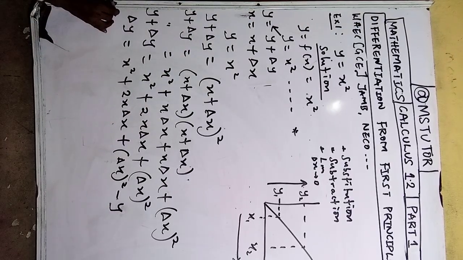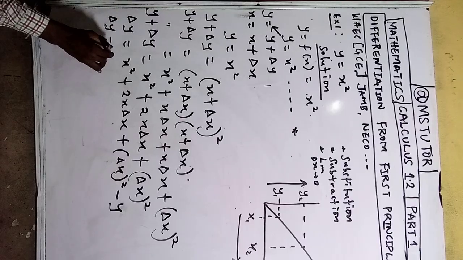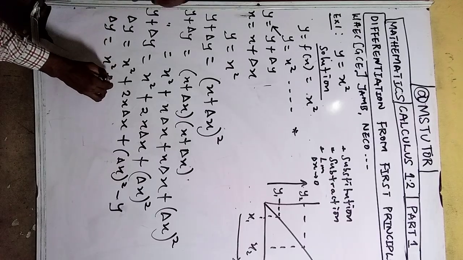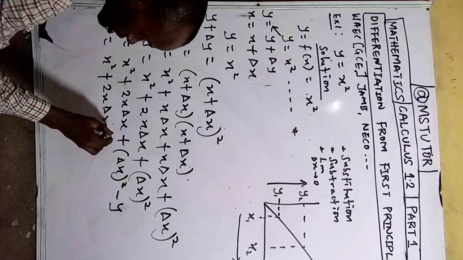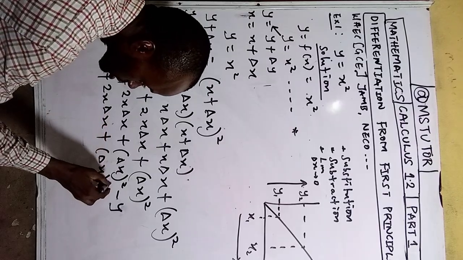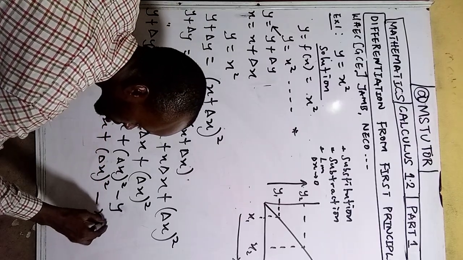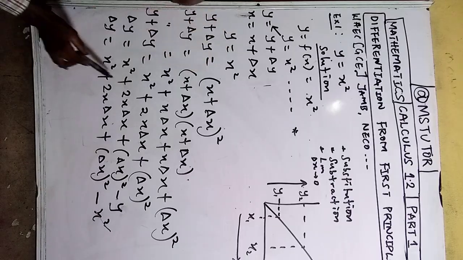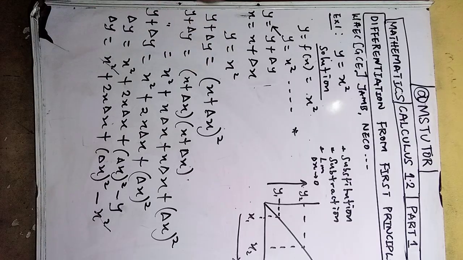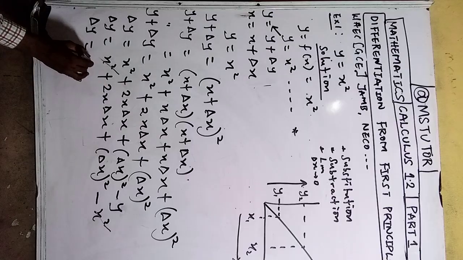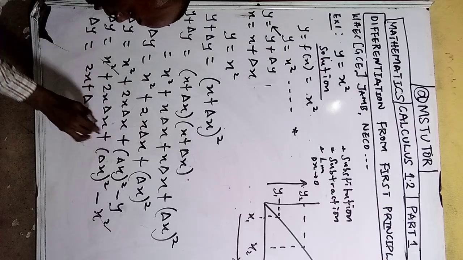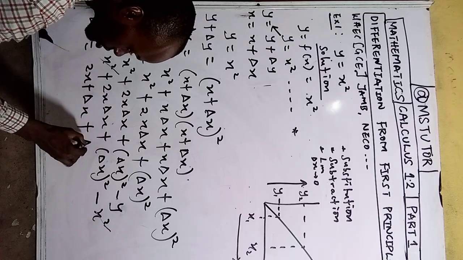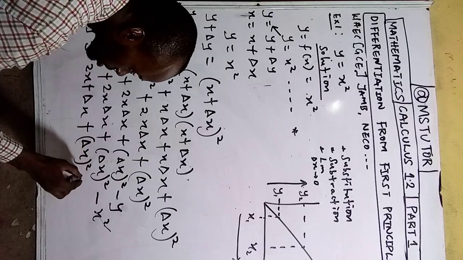That will be dy equals x squared plus 2x dx plus dx squared minus x squared. So in this case, this is minus x squared here. Take care of this x squared. So what do I have left down here? I have dy equals 2x dx plus dx all squared.